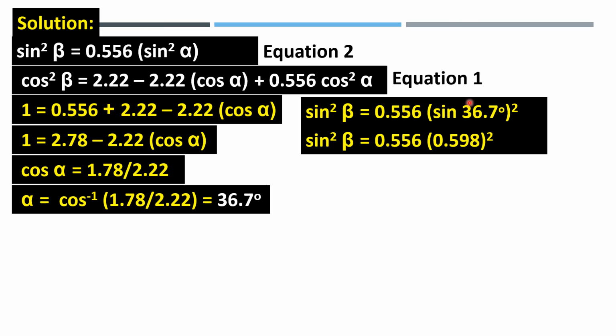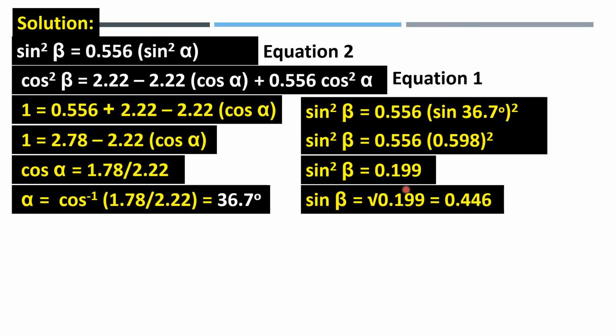The value of sine 36.7 is equal to 0.598. Get the square of that, then multiply to 0.556. Okay, and then since we are looking for sine beta, we get the square root. All right, we get the square root of 0.199, and what we get is 0.446.